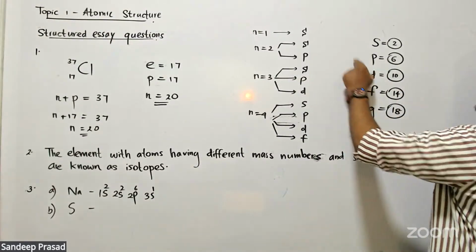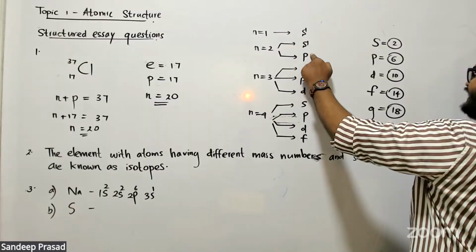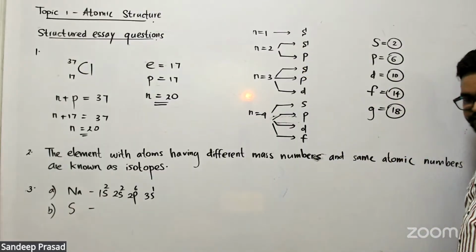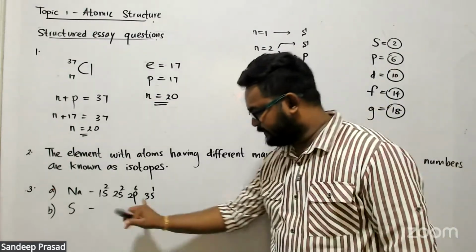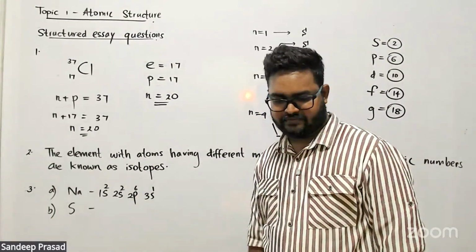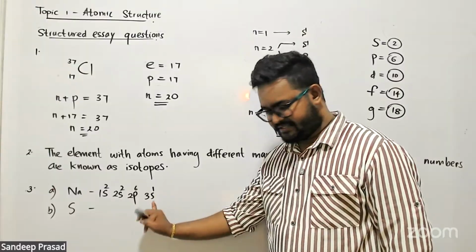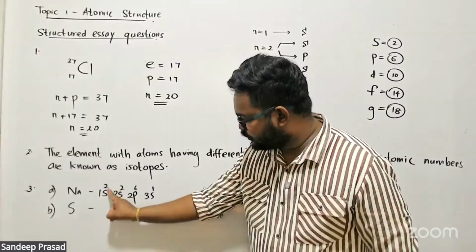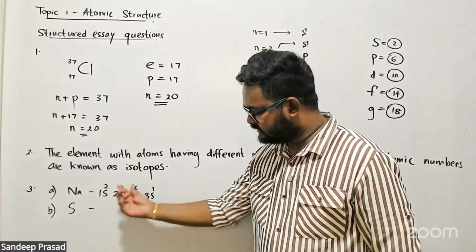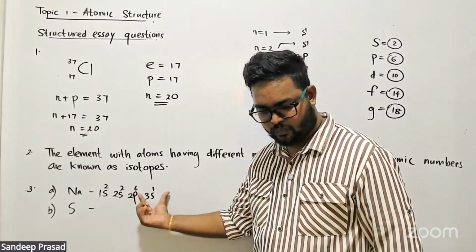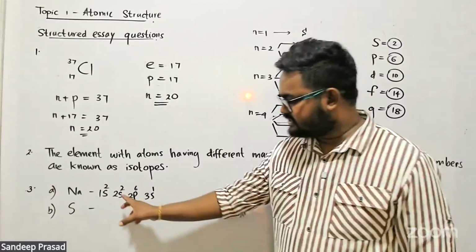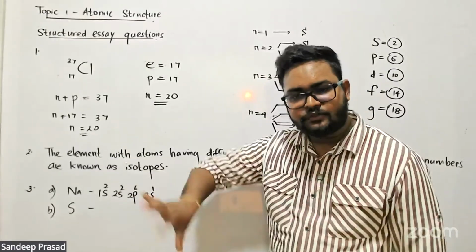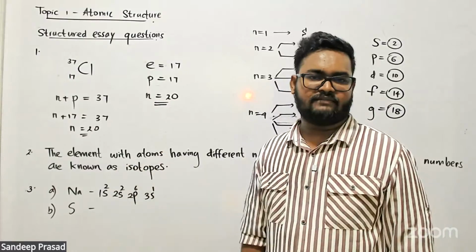I told you that second principal energy level is containing 2 sub-energy levels, S and P. So that p sub-energy level can fill 6 electrons. And this is 3s1. Same thing, you can see it: 2, 8, 1. This 6 and 2 is 8, 1. The only difference is that 8 is separated into 2 and 6, separated into sub-energy levels.